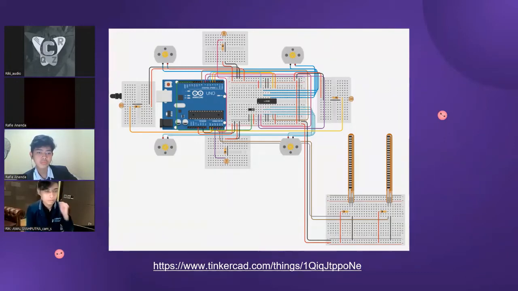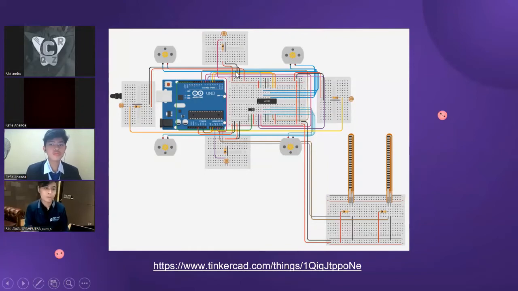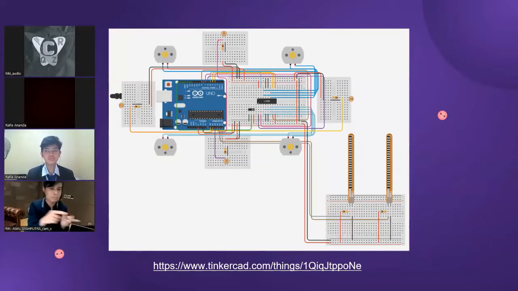This is the schematic design of our system, with right, left, the Arduino, and the front. There is front, back, right, and left, and every side of this vehicle has its own sensor, which is an LDR sensor.